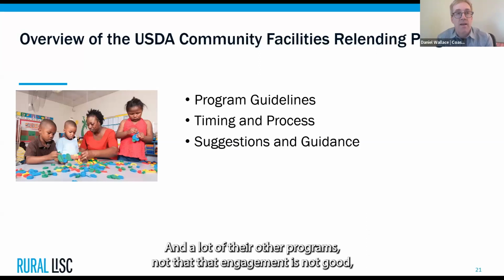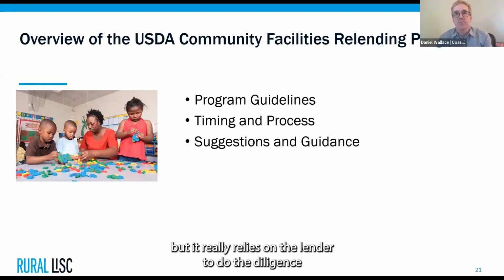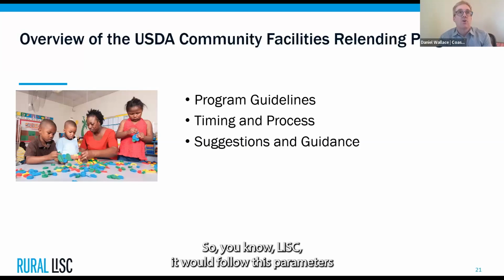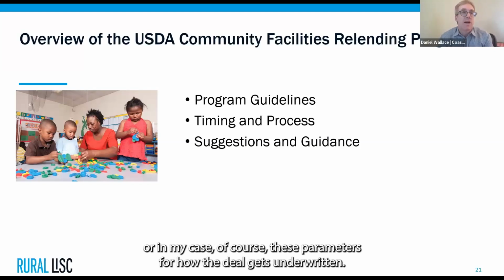Not that engagement is not good, but it really relies on the relender to do the diligence and the underwriting, collateral, structure. So LISC would follow LISC parameters, or in my case, of course, CEI's parameters for how the deal gets underwritten.